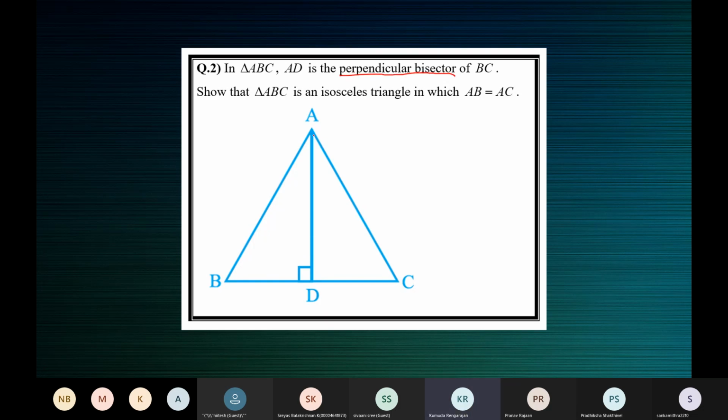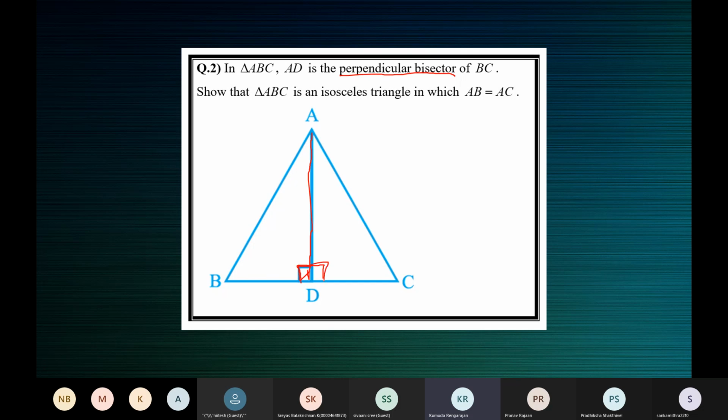That means AD makes an angle of 90 degrees with BC, and also AD bisects BC. AD perpendicular to BC means AD makes an angle of 90 degrees with BC.